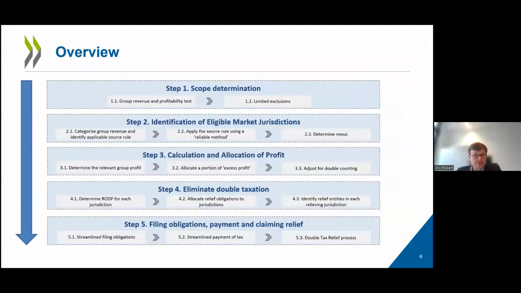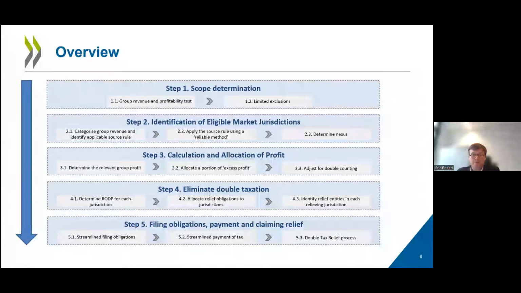Once that step is completed, you get to the last step, and basically once you've done all this, you have all the information you need to fill your amount A tax return and the related documentation package, which you can fill and submit in a single point, typically the parent jurisdiction, and then the parent jurisdiction will distribute that tax return and the related documentation to all the relevant jurisdictions.